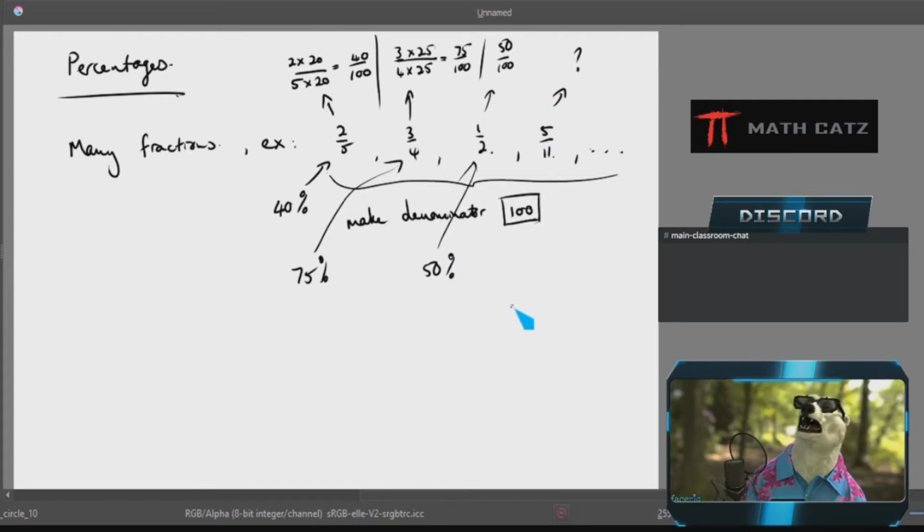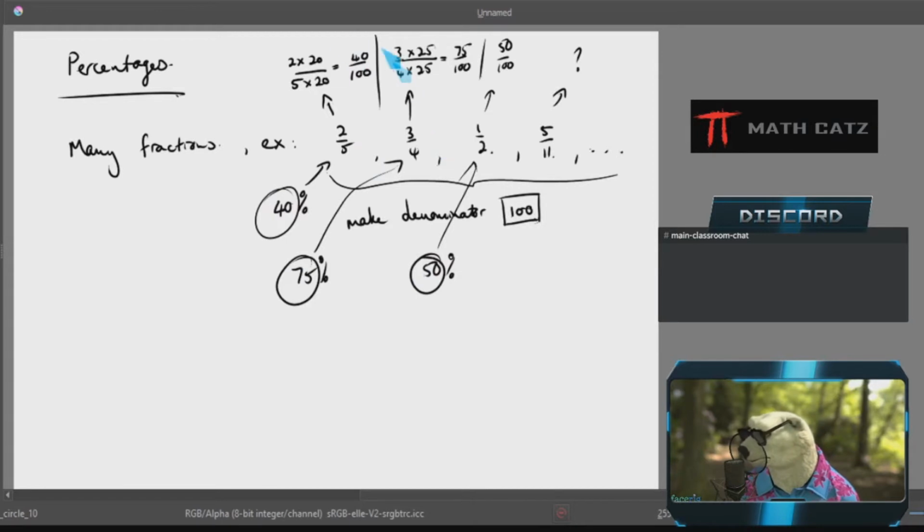So let's just find another way to get to this percentage value, when I don't really care about the fraction in its full original version. I only care about the numerator. So if you take 2/5, I can take 2/5, or I can take its equivalent 40 over 100.